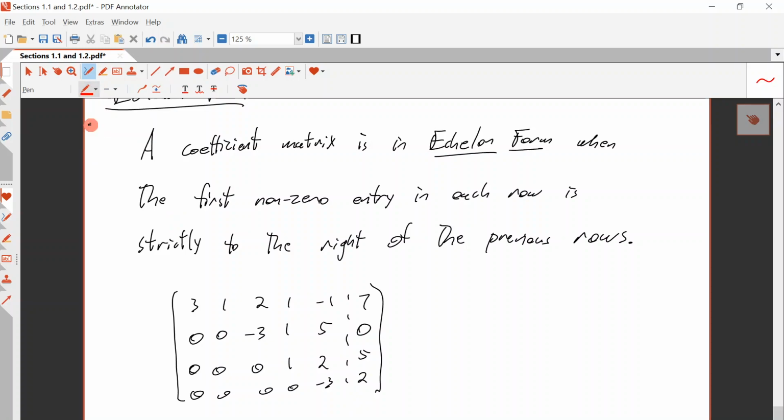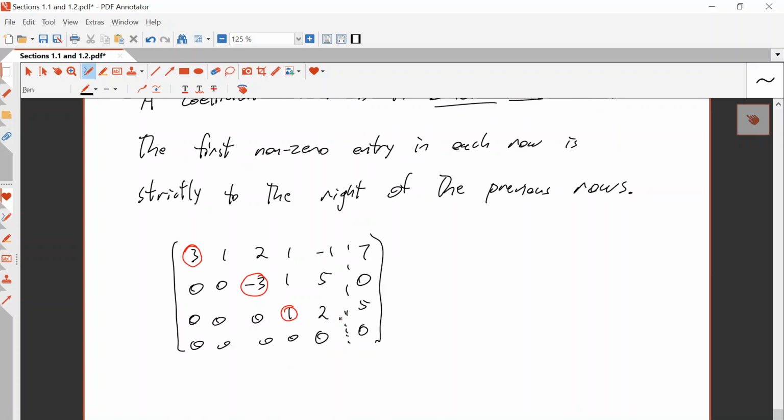The first non-zero entry in each row occurs strictly to the right of the rows previous to it. Not immediately to the right, strictly to the right. Here we skipped a couple columns, and here we go down by one column each. And you could have zeros. Let's just make a zero row here. So this is in echelon form.